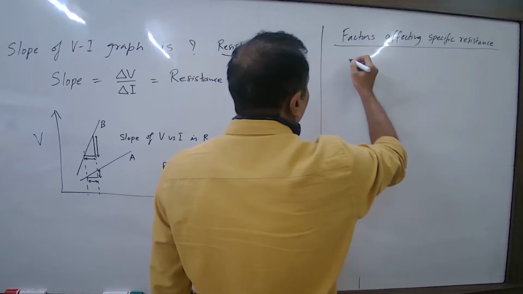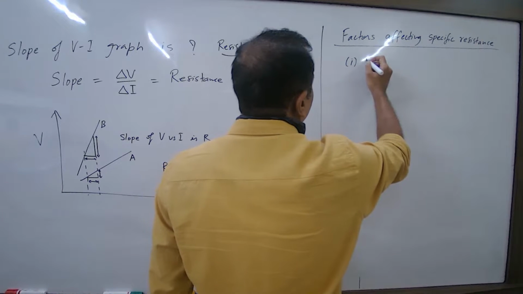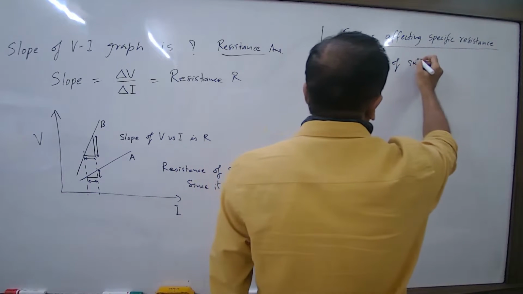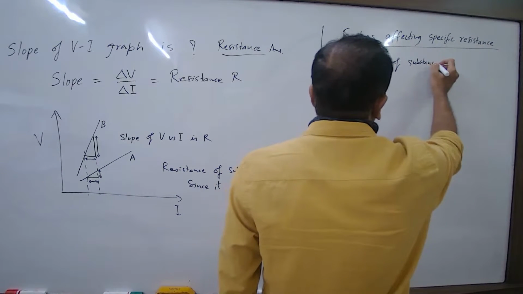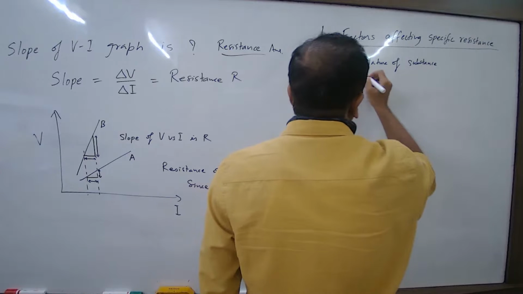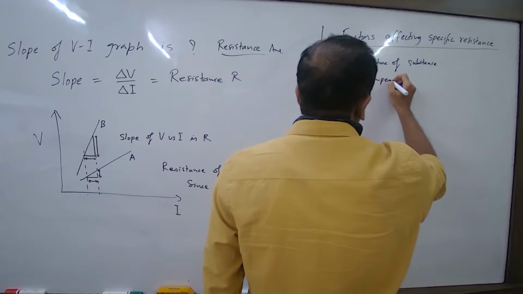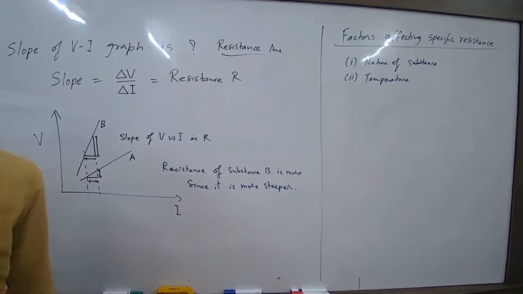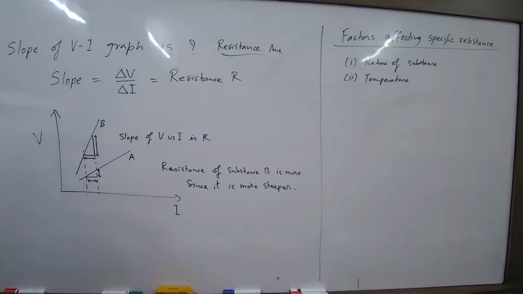Only two: nature of substance and temperature. When the temperature rises, the specific resistance will rise.